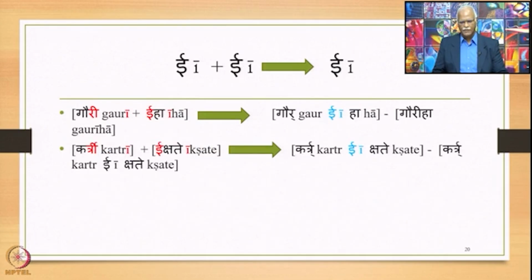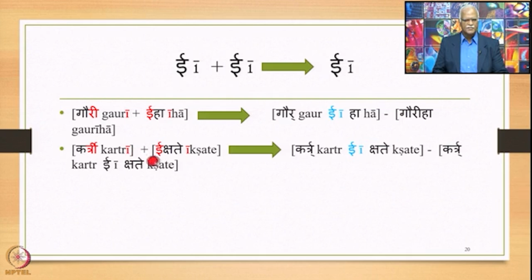And finally, we have long E followed by long E, where we have Gauri plus Iha, the example within a compound, and so we have long E followed by long E. Because this is a compound, Samhita is obligatory, and so we get the output after the application of 6.1.101, namely Gaur E Ha, Gauri Ha.